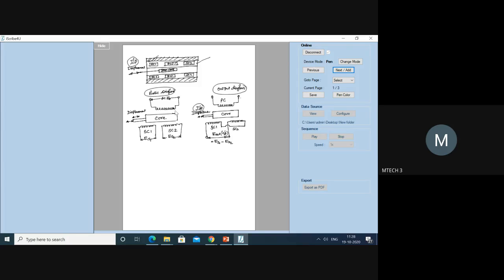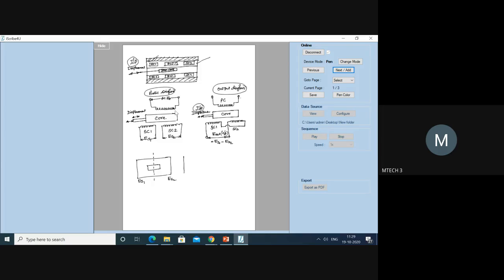Now, if the core is at the center, just observe. You have this combination. Let me assume the core is at the central position. So you have ES1 here and ES2.